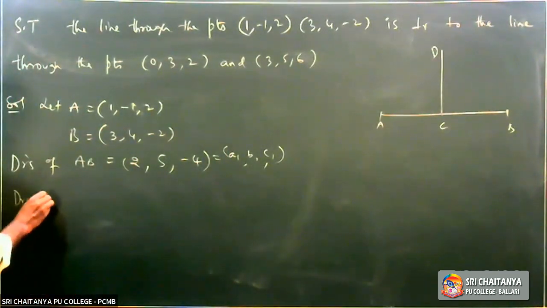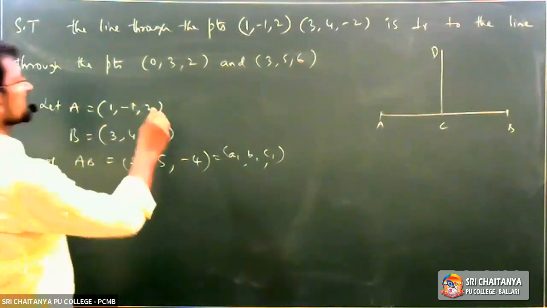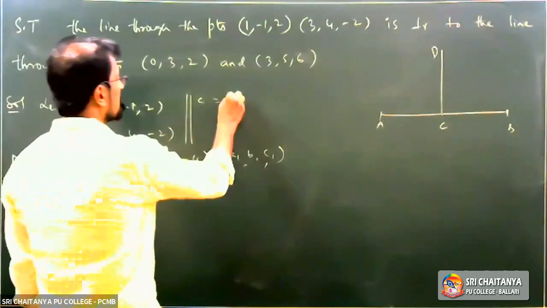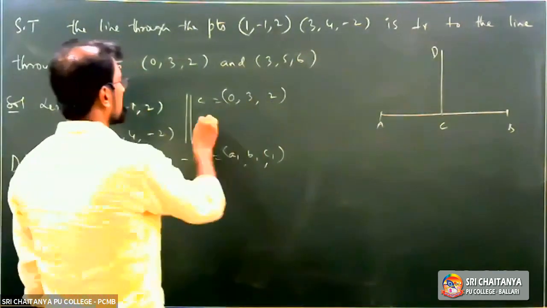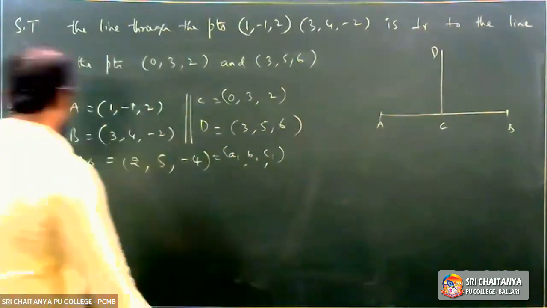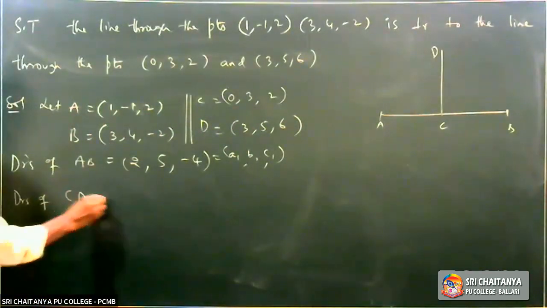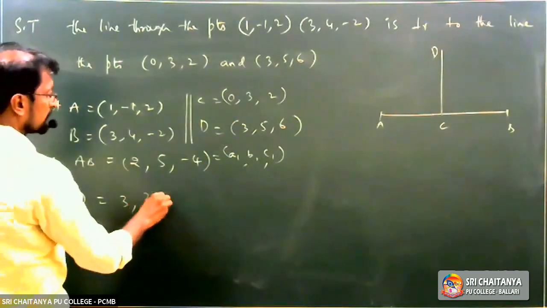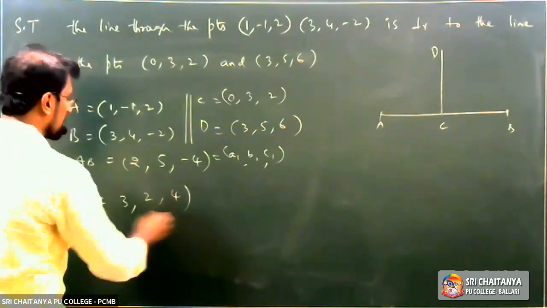Now DRs of CD. Let me consider C is equal to 0, 3, 2 and D is equal to 3, 5, 6. DRs of CD are x2 minus x1, y2 minus y1, z2 minus z1, which is 3, 2, 4.